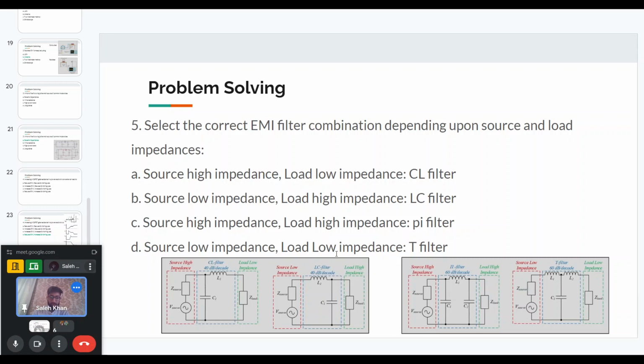And finally, if the source and load now have low impedance, then the filter will change from pi to T, because the inductances will provide the high impedance for a mismatch. So all of these options are actually correct. All of them are correct EMI filter combinations. Again, you try to see which component is connected to the source and load, and whether that component has an impedance mismatch with the impedance of the source and load. So I hope that one is clear.